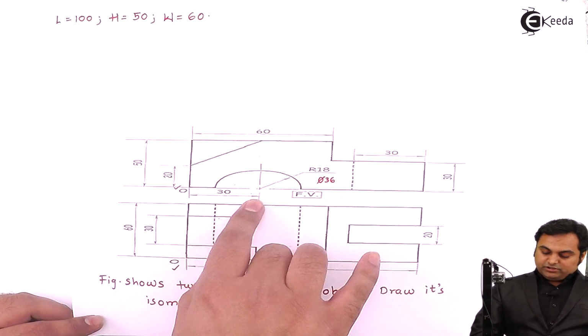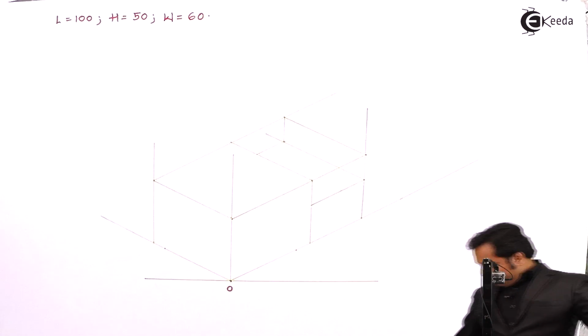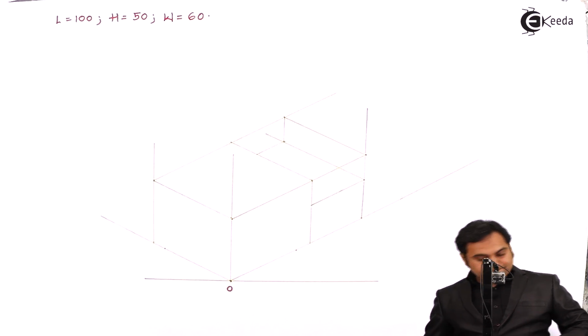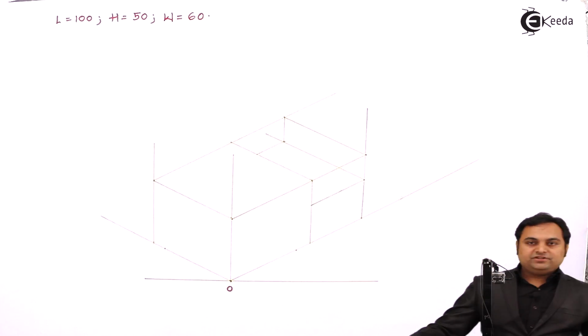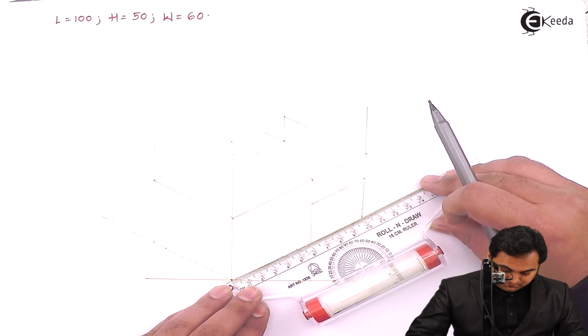First, get the center of the semicircle. It is 30 mm from the origin. So I am measuring 30 mm from the origin.